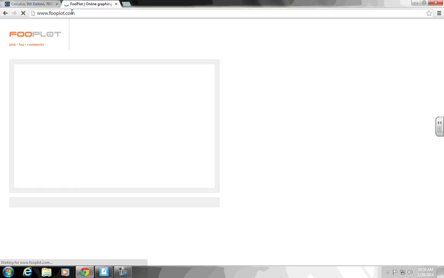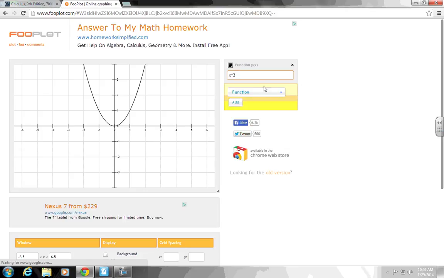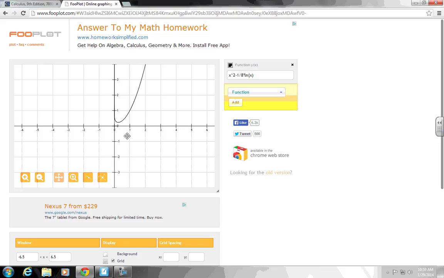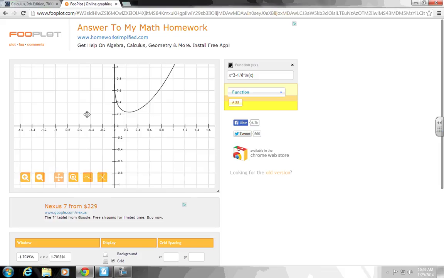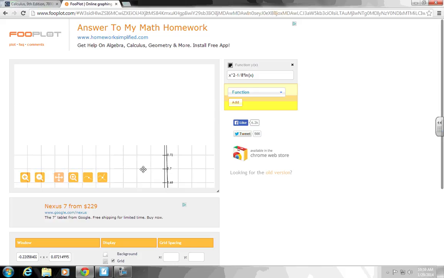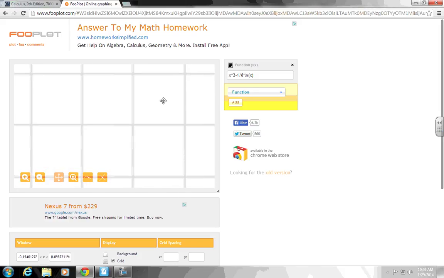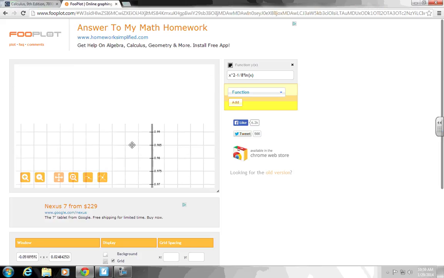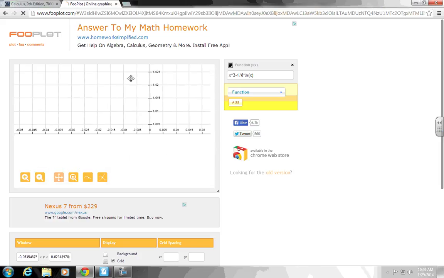Where's our full plot? So what is x squared minus 1/8 times natural log of x? You see, it does do that. It gets very close, but it keeps playing the asymptotic game, doesn't it? Or does it?